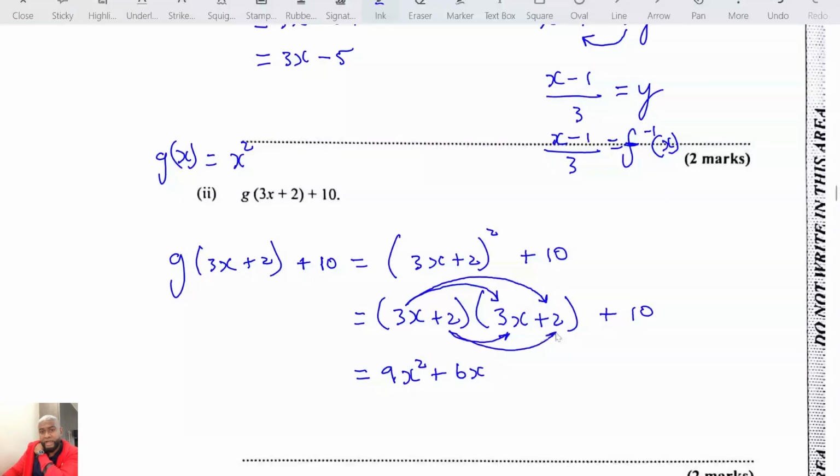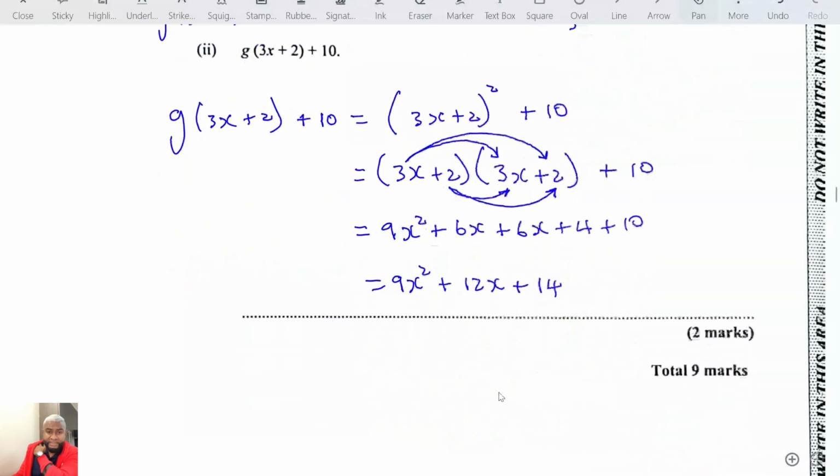And then 2 by 2 is plus 4. So this will be equal to 9x squared plus 6x plus 6x is 12x, plus 4. All right? Question done. 2 marks.